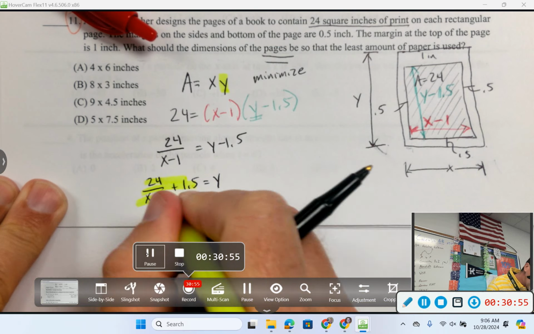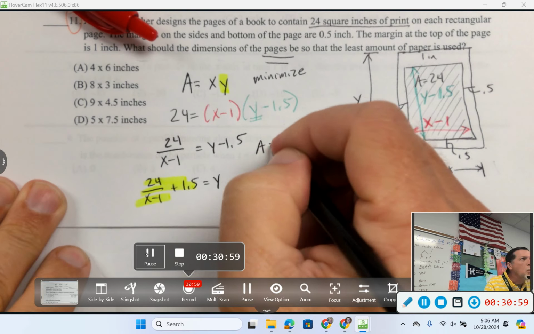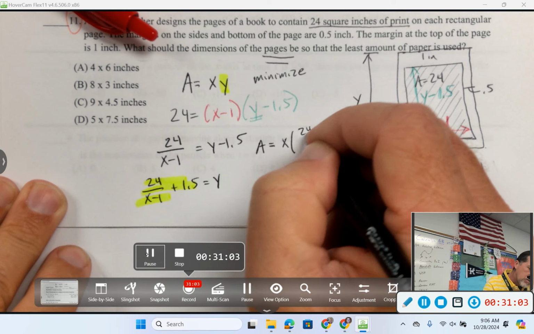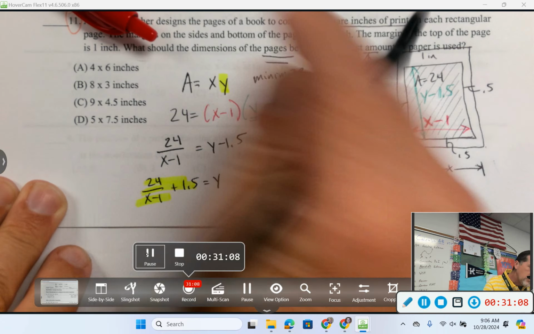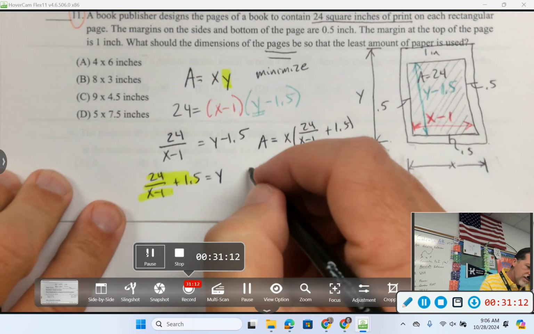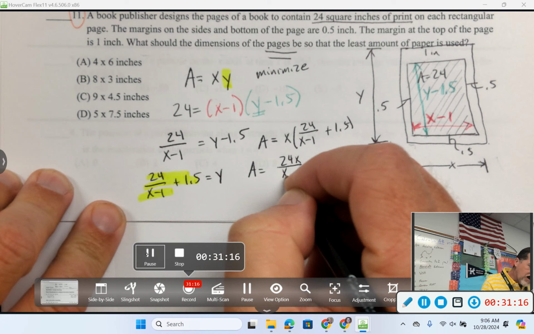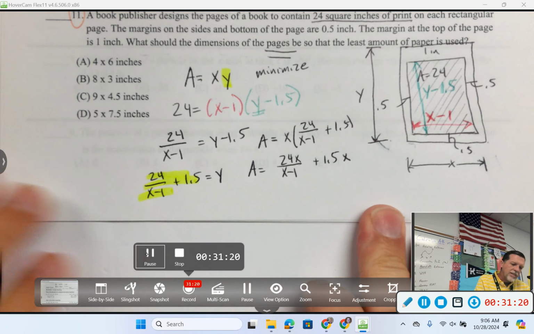So all of that is going to go in for Y. So X times 24 over X minus 1 plus 1.5, so 24X over X minus 1 plus 1.5X.